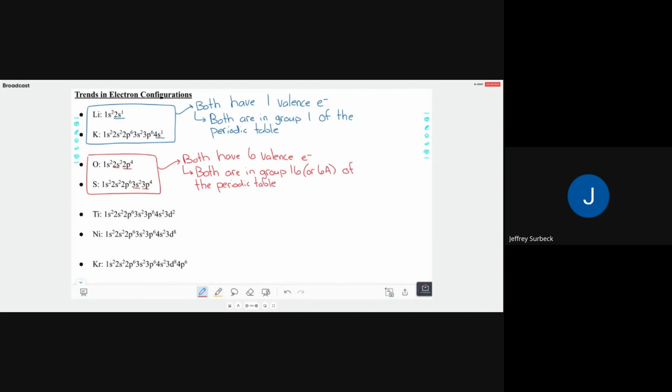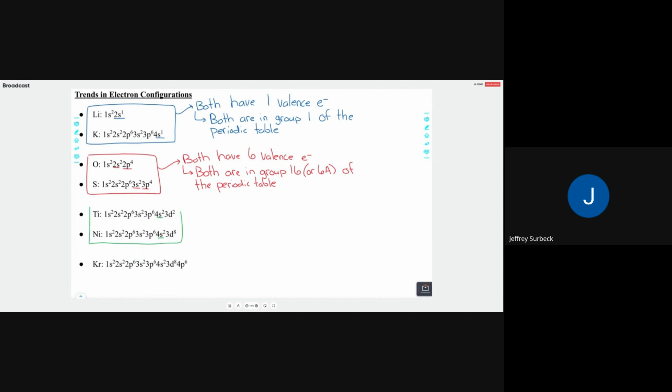Okay, so now let's go to these next elements here, titanium and nickel. Now, again, valence electrons are electrons in the outermost energy level. Well, the outermost energy level is going to be the 4s for each of these, and both of them have 2 valence electrons.